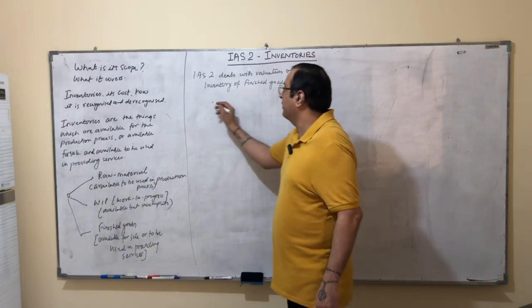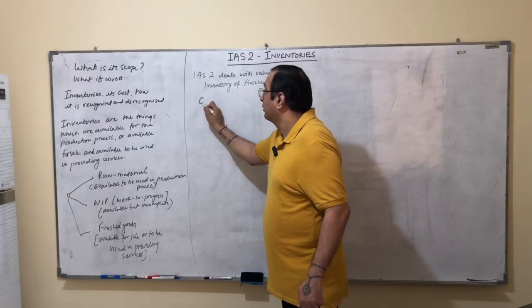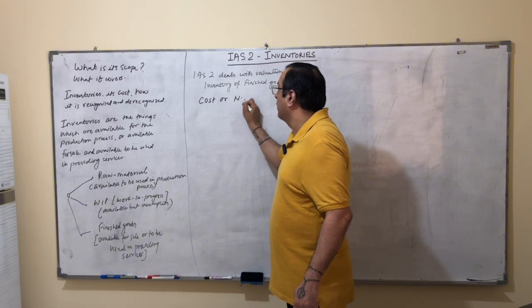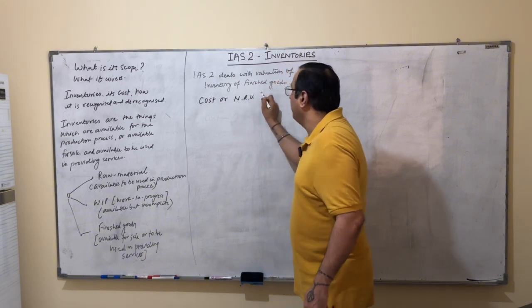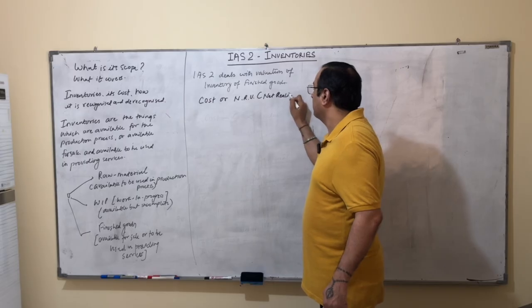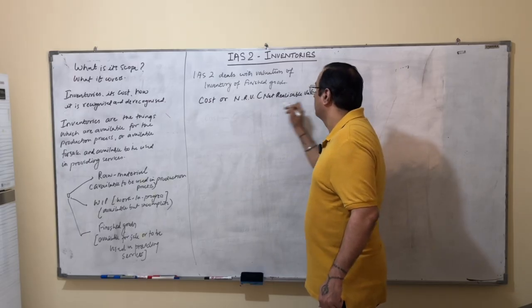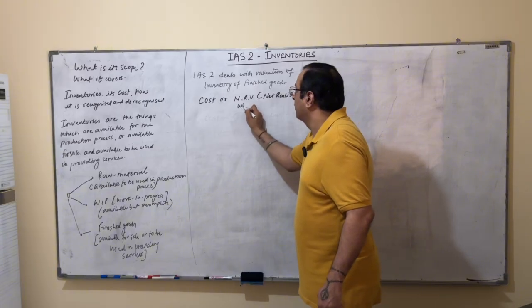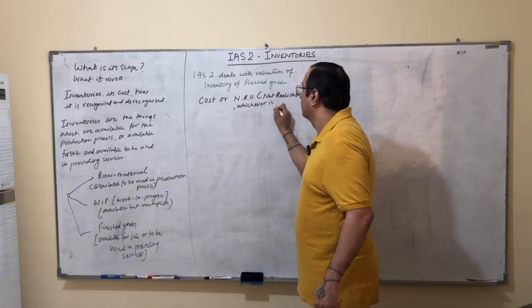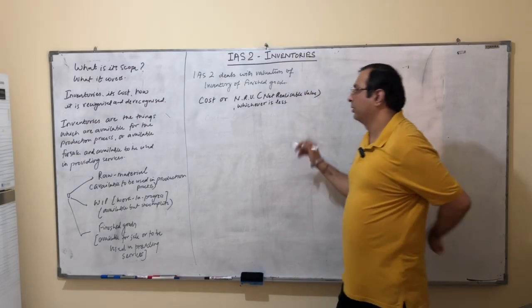What it says: closing inventory of finished goods is valued at cost or NRV, where NRV is net realizable value, whichever is less.